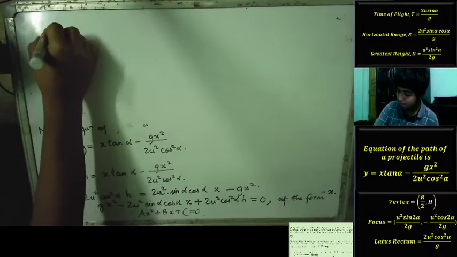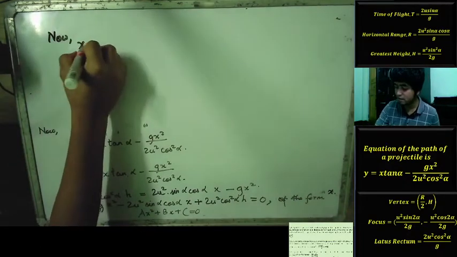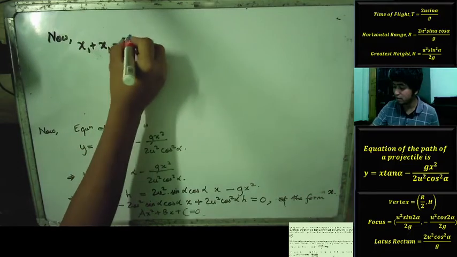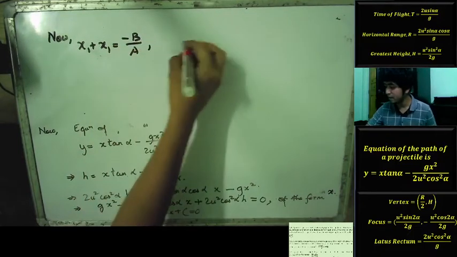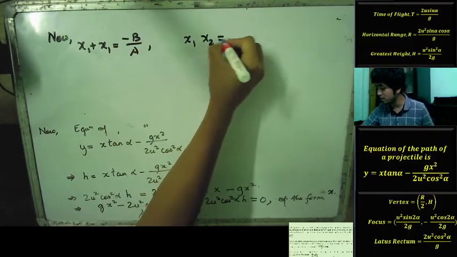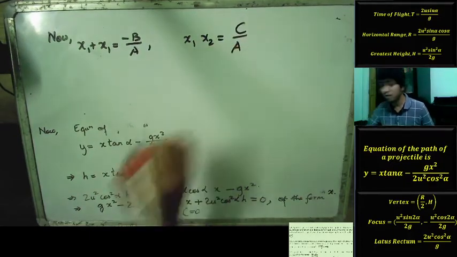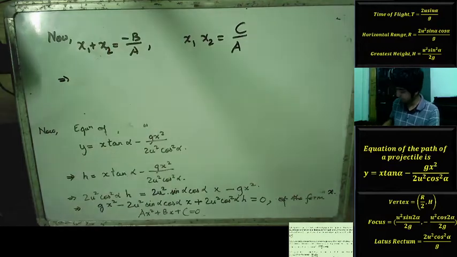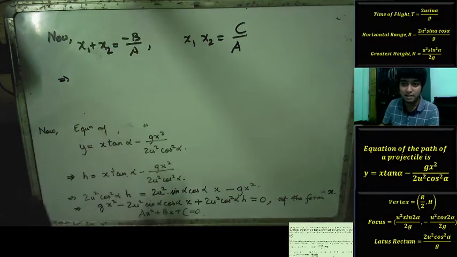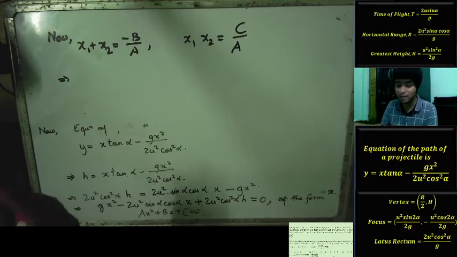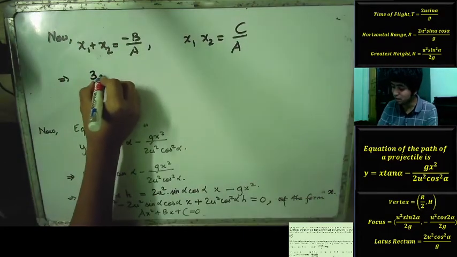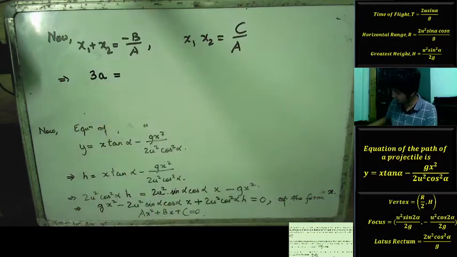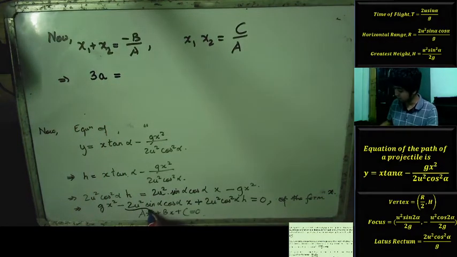The sum of the roots equals minus b upon a, and the product of the roots equals c upon a. Here x1 was a and x2 was 2a, so x1 plus x2 will be 3a, equal to minus b upon a.